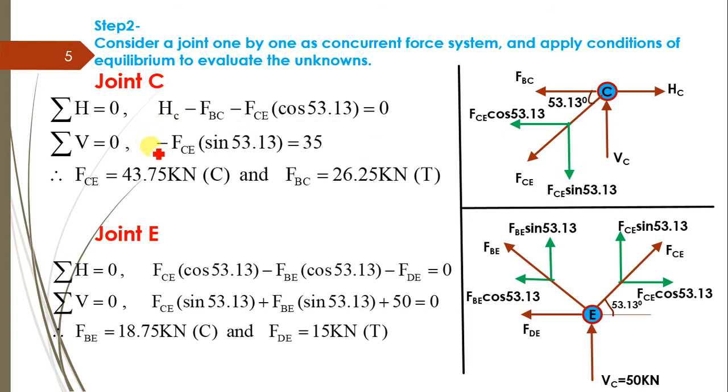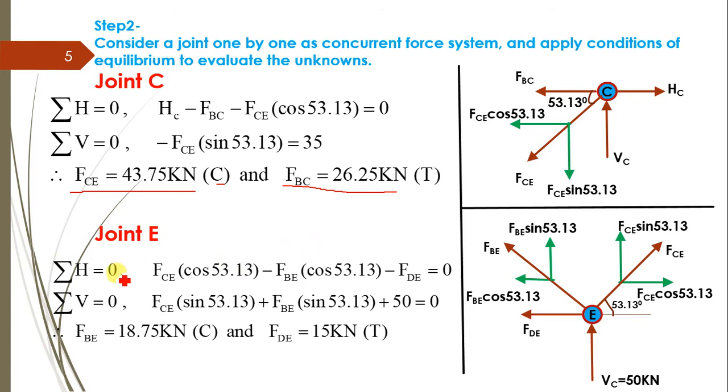So minus FCE plus VC, so minus FCE equals 35. Solving this, we get FCE as 43.75 negative, therefore acting in compression, and substituting the value of FCE in the first equation, we get FBC as 26.25 positive, that is tensile in nature.